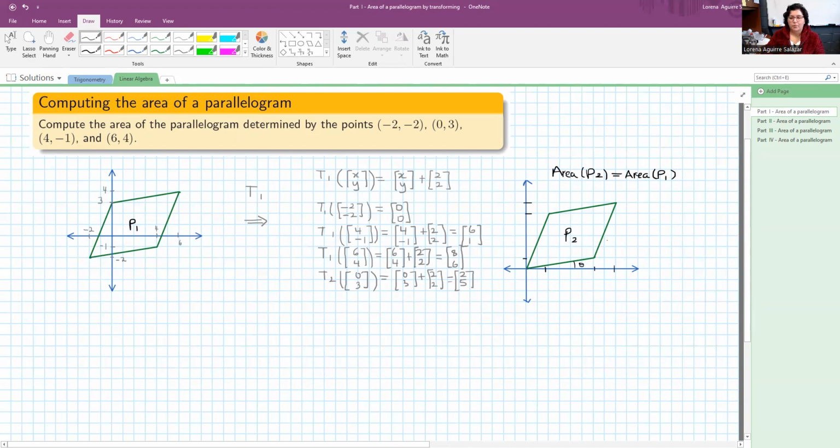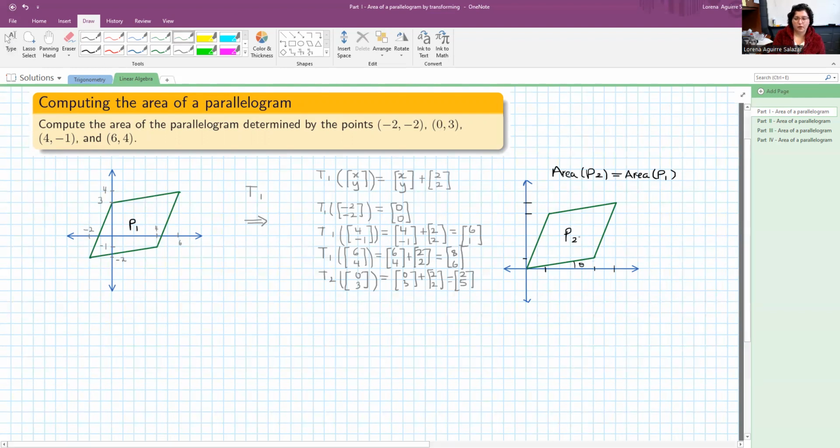Okay. Now the next thing we want to do is start making this parallelogram look like a rectangle. So we're going to apply a rotation to this parallelogram by an angle of minus theta, where the angle theta is the angle we see right here, the angle that is formed by the x-axis and one of the sides of the parallelogram.